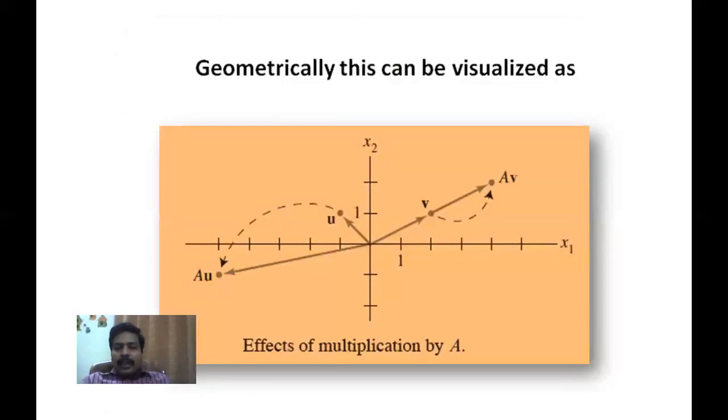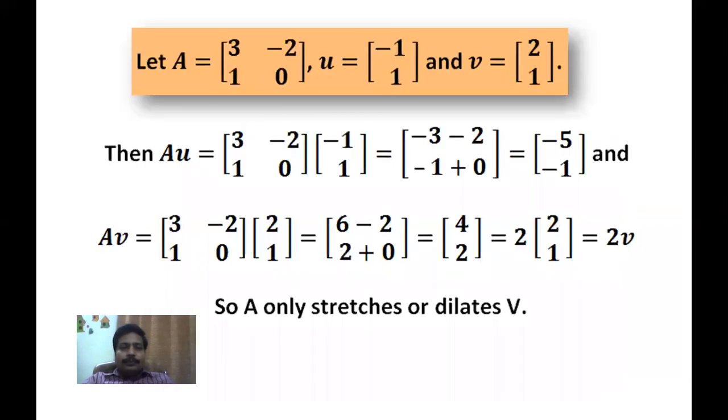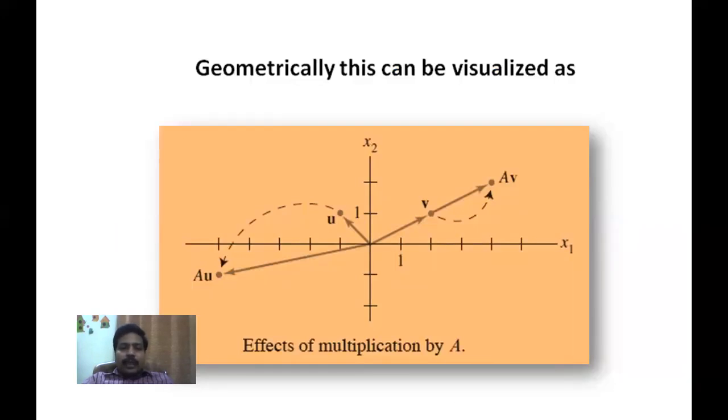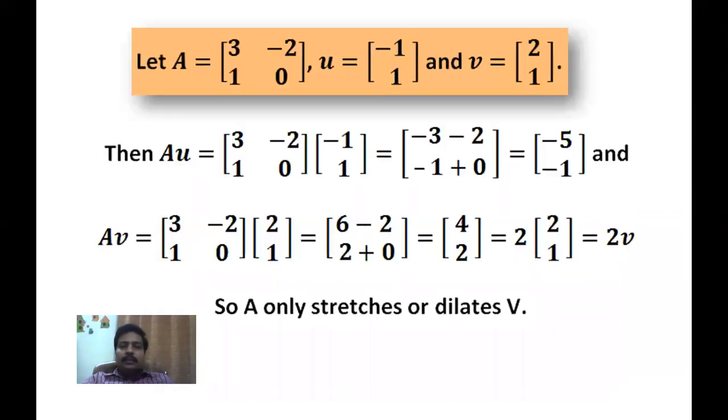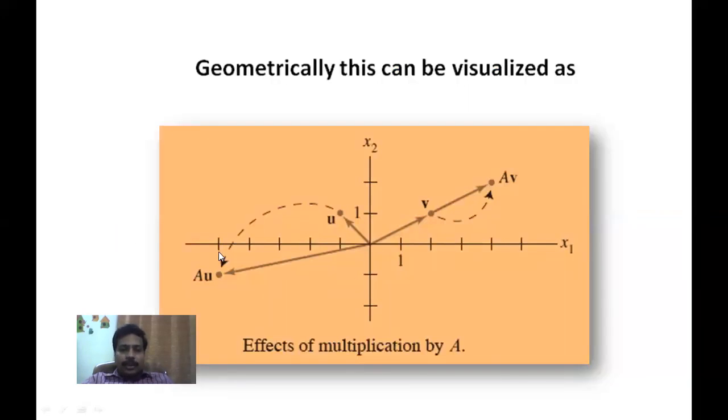So matrix A stretches or dilates V in a particular ratio, that is the eigenvalue. Whereas in the case of U, so U is here, it is (-1, 1), and AU is (-5, -1), which is plotted here.